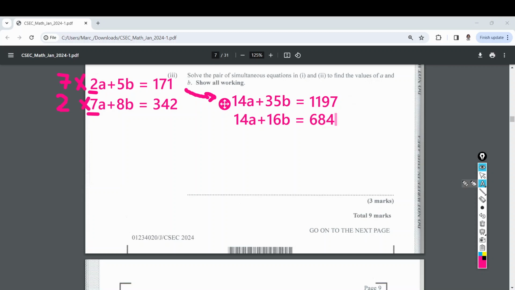Cool. So guys, this is the process of elimination. All we need to do now is subtract everything in this line from the bottom. Whatever is down here at the bottom, we need to subtract it from the top. So 14a cancels 14a, and I'm gonna get 0.